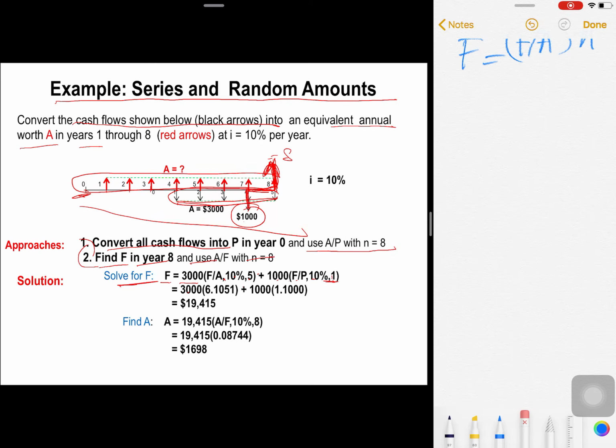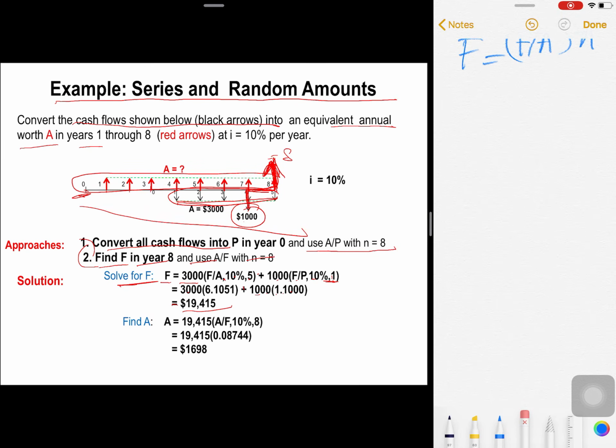So 3,000 times 6.1015 plus 1,000 times 1.1, and you get a total amount of 19,415. This is the amount of F at the end of here. So how do we get the value of A?